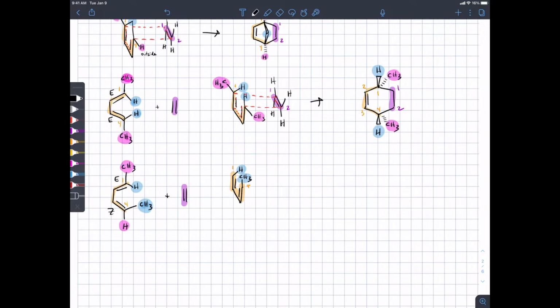Then notice that on orange carbon 1, the methyl group is at an outward position, whereas on orange carbon 3, it's the proton that occupies the outward position.